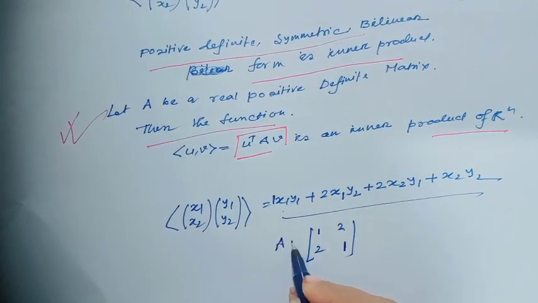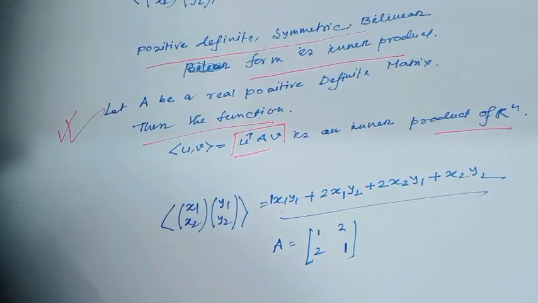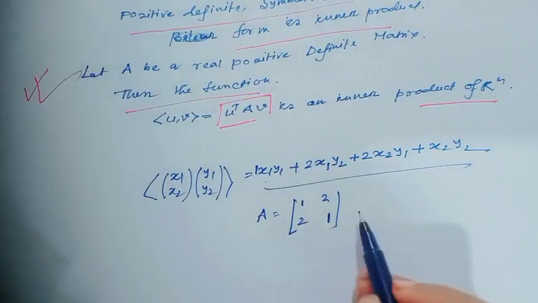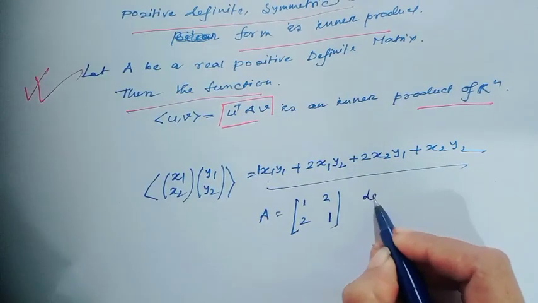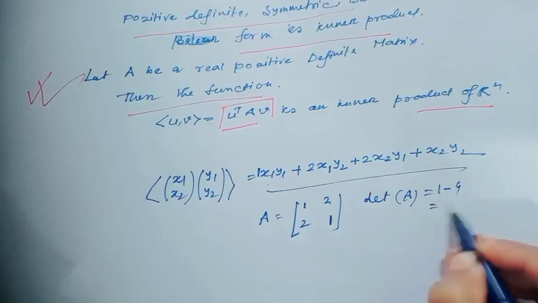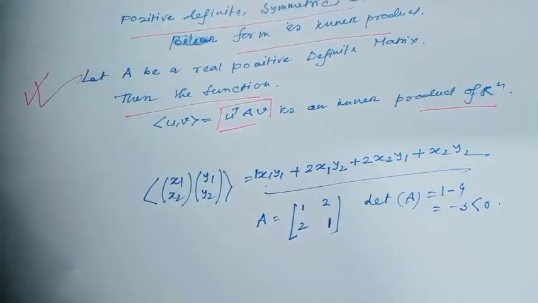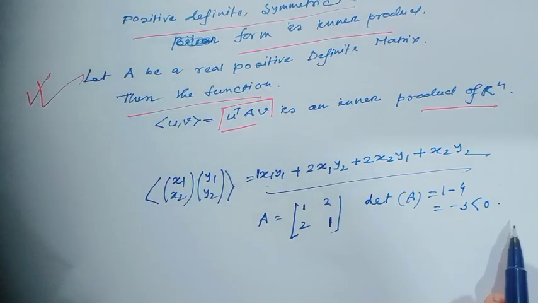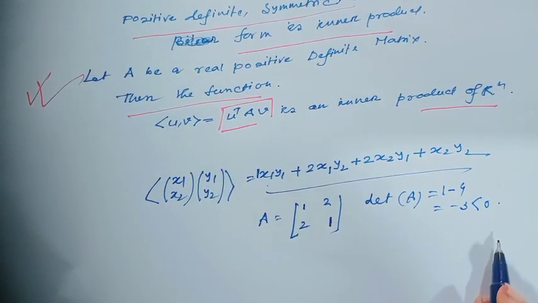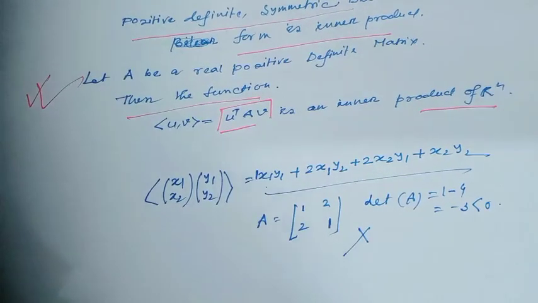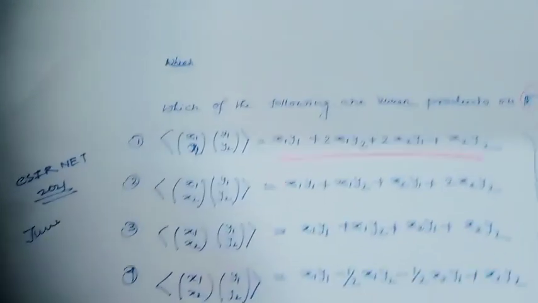This is the matrix A, which is obviously symmetric, and we check the determinant. The determinant of A is 1 minus 4, which is minus 3, less than 0. All of us know if the determinant is less than 0, then the matrix is not positive definite. So option 1 is not an inner product.